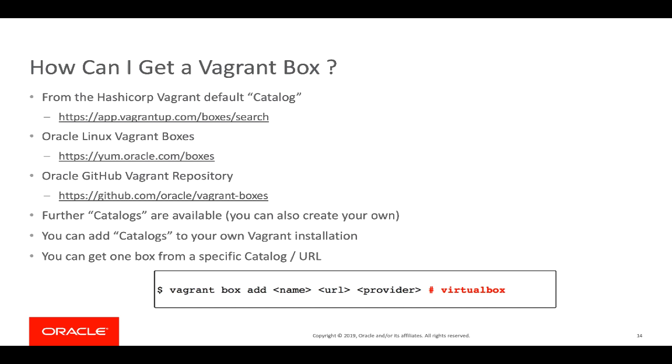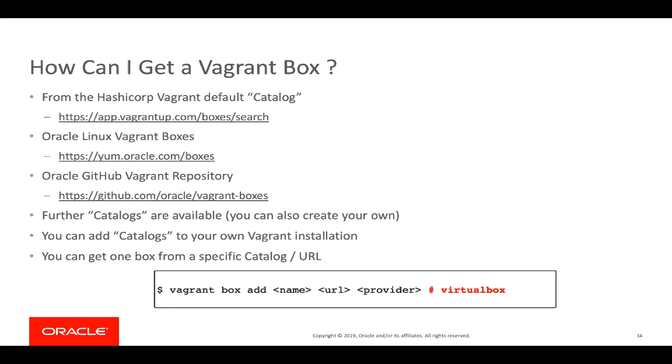You can get a Vagrant box from our own official Oracle Linux Vagrant boxes available on yum.oracle.com/boxes. And you can also find Vagrant boxes with Oracle products or even third-party solutions running on top of Oracle Linux on GitHub. Among the official Oracle repositories, you can find one dedicated to Vagrant boxes.